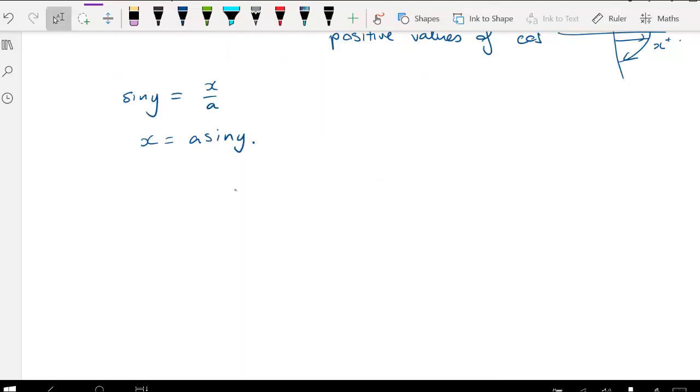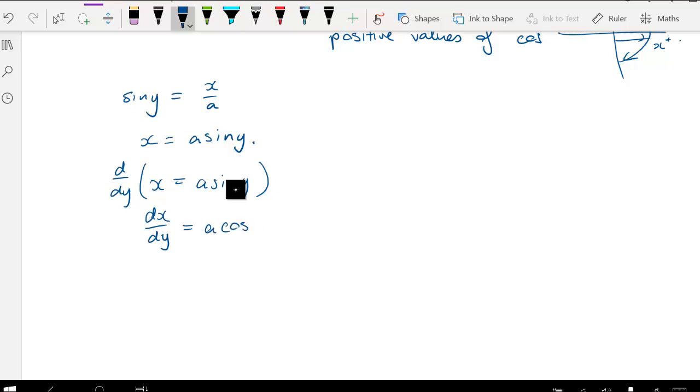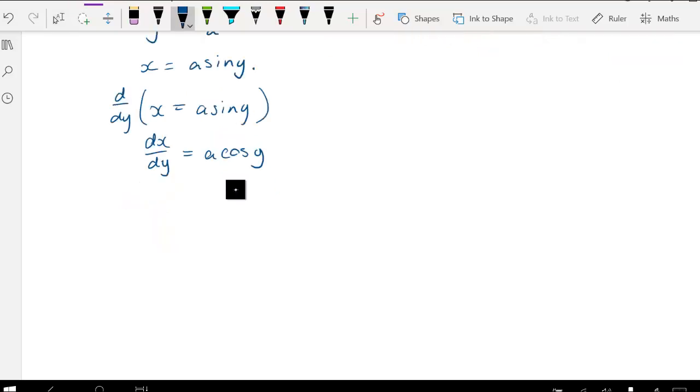Now, if I find the derivative with respect to y, so I'm going to say d dy of x equals a sine y, then we end up with dx dy is equal to, derivative of sine is cos, so we've got a cos y. Now, if we want to make this dy dx, we can inverse both sides, so we can flip it. So dy dx will become 1 on a cos y.